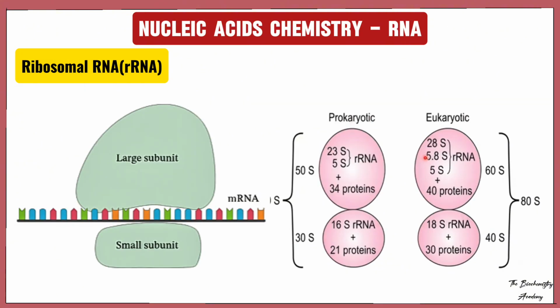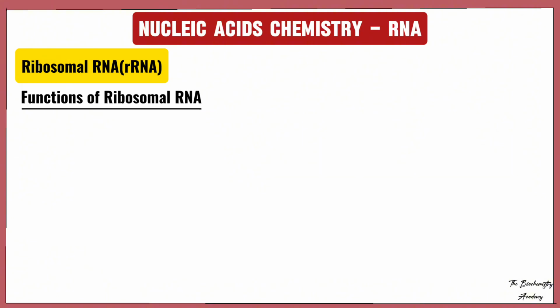Now, they are composed of two units, a large and a small subunit. Now, these are the subunits in a prokaryotic and eukaryotic cell. Now, this is the normal structure of ribosomal RNA. Now, let us talk about the functions of ribosomal RNA.